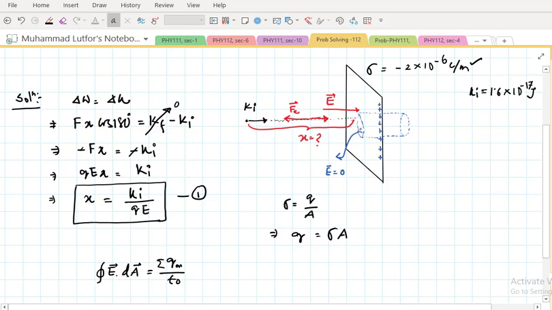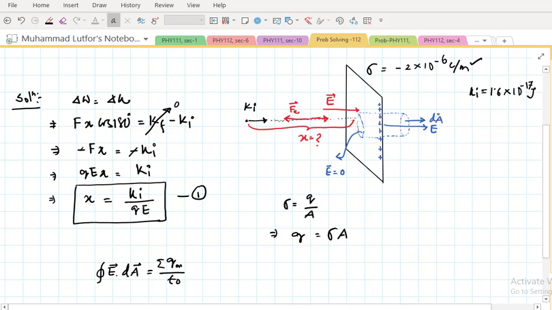Since there is no charge on the lower surface, which is the inner side, the left side, you can consider the charge would be on the right side, which is the upper surface. So then we can say that this electric field would be towards that direction, right? This will be the direction of the electric field, and this will also be the area vector.